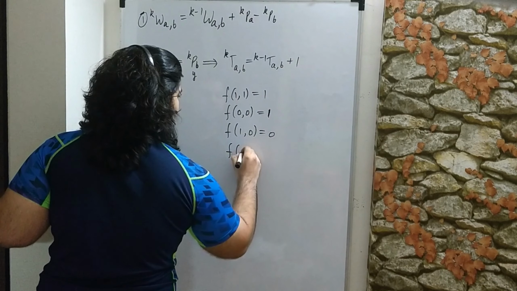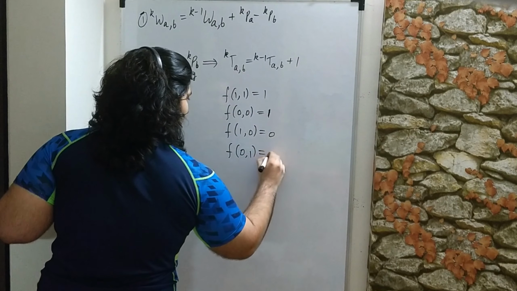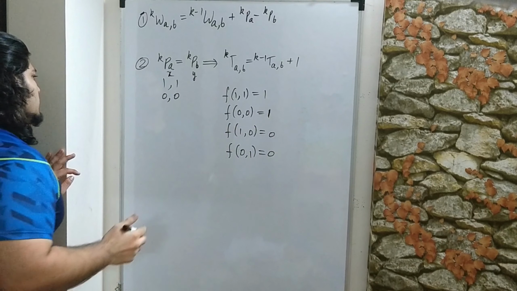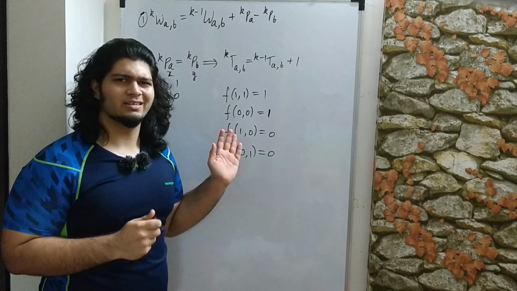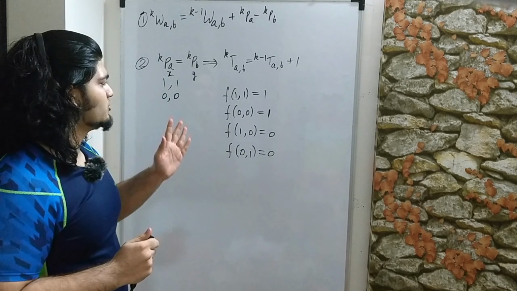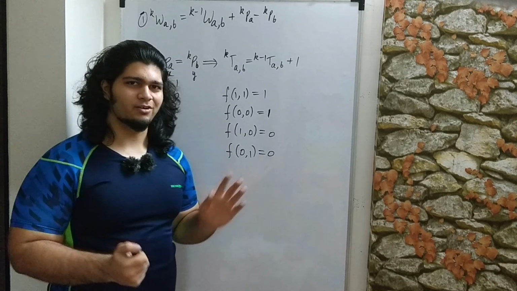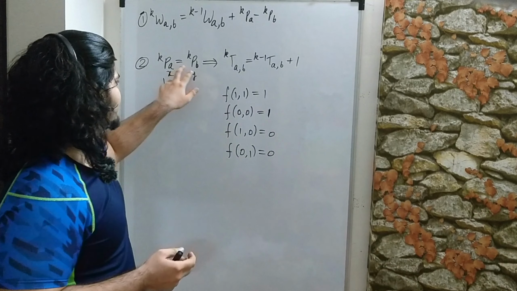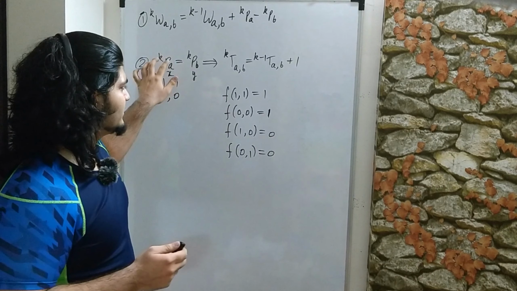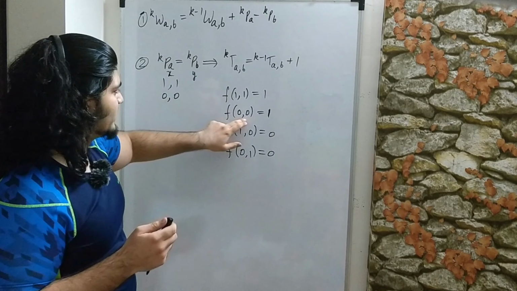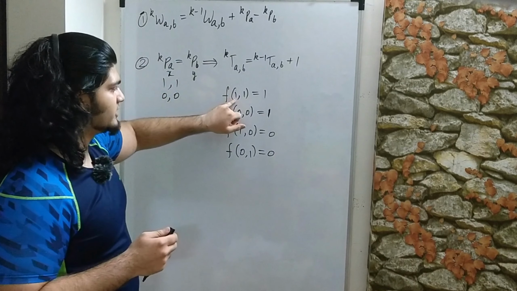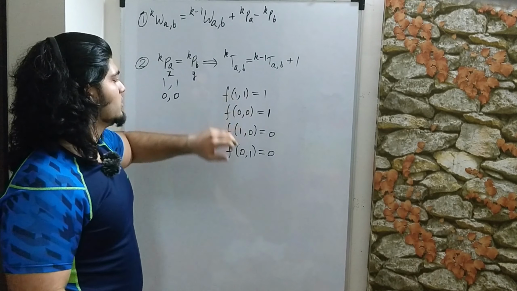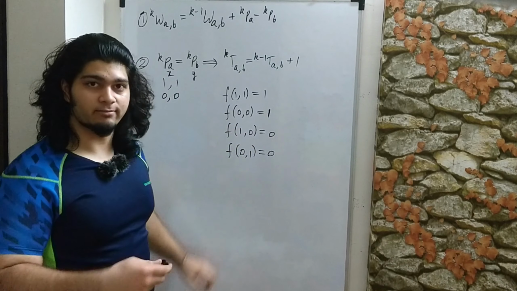And similarly, if we have 0 1, then again we want an output of 0. Well, how do we deal with this? I want you to think for a while. How do we deal with this? Of course you can think of adding these two, and if you add these two, then for 0 0 you get their sum to be 0, for 1 1 you get their sum to be 2, and for the mixed cases you get their sum to be 1.